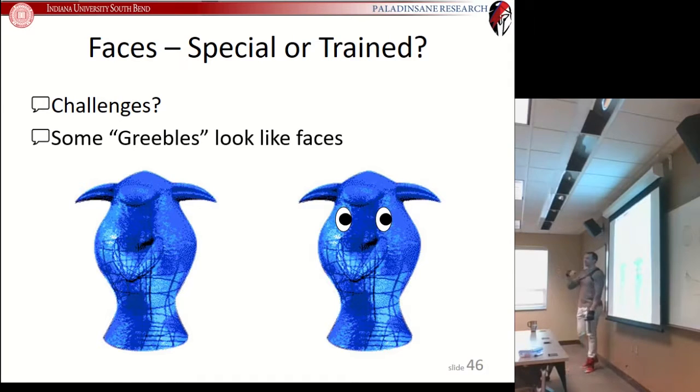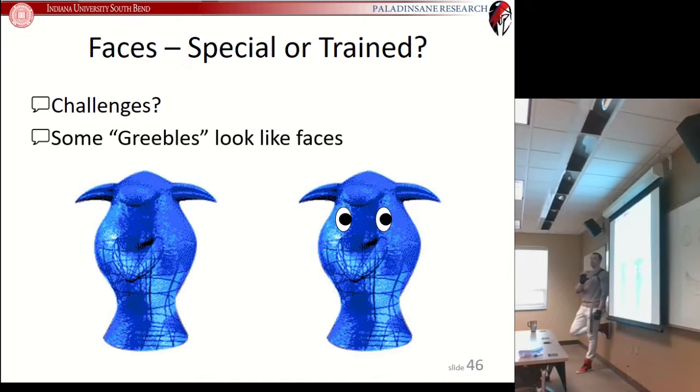So it could be that the area that got lit up, that fusiform face area, showed that activation because many of the Greebles, not all of them, but many of the Greebles had that basic face structure. And the learning process basically allowed these individuals to notice that face structure, and as soon as you see something as a face, that might be when the fusiform face area gets activated.